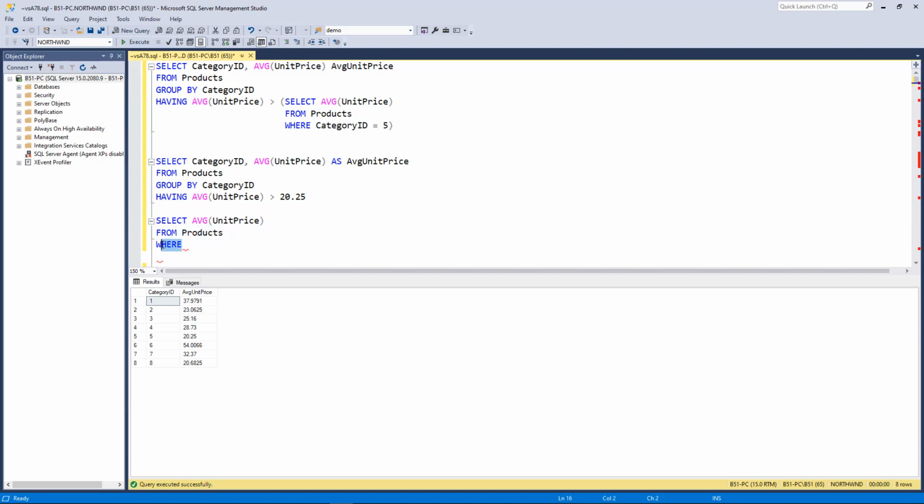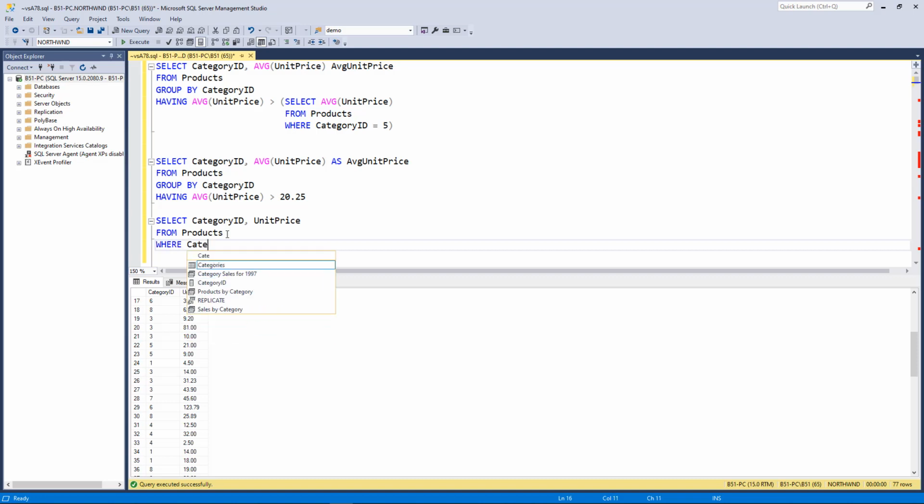If I write not the average unit price, but category ID and unit price, and run only this, we have categories and unit prices, but I just want to filter rows that have the category ID of category 5, WHERE the category ID is 5.